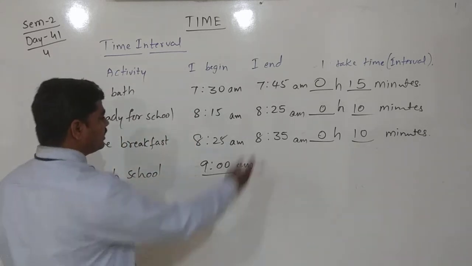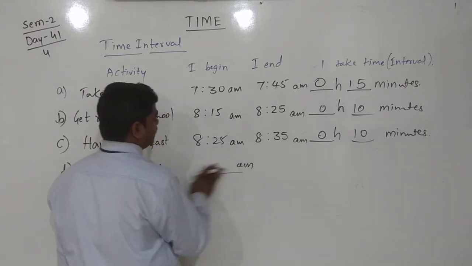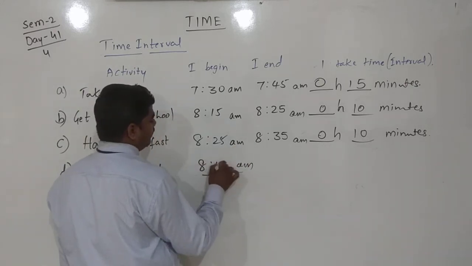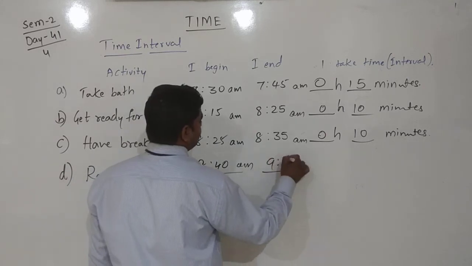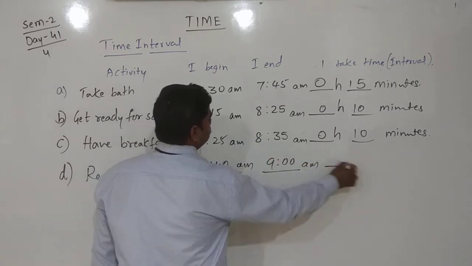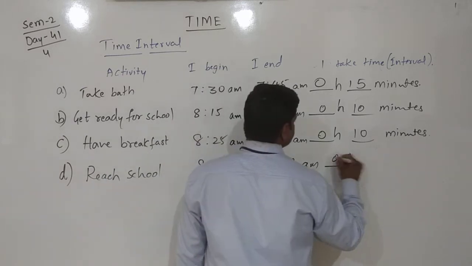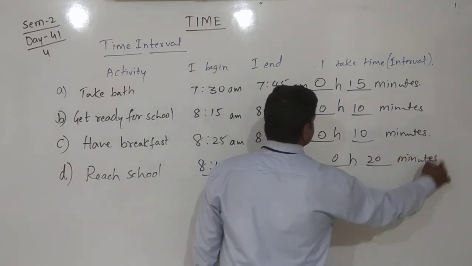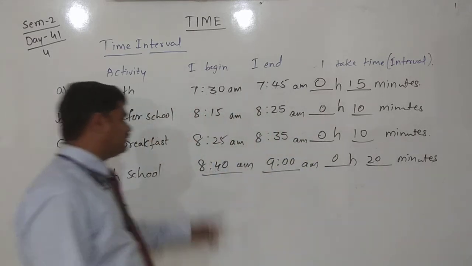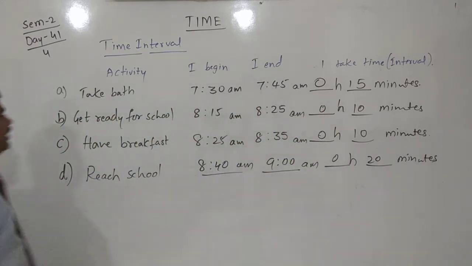When will you begin? 8:40. I reach school at 9 AM. Then 0 hours 20 minutes. 9:00 is 8:60 minus 40, it is 20 minutes. Like this, you should calculate the time interval.